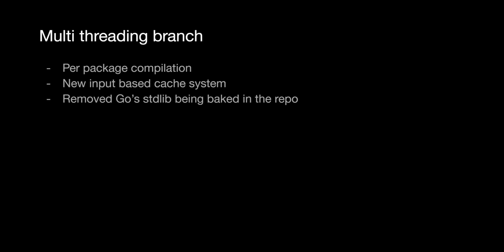First off, we have the multi-threading branch. I made this branch in order to deal with one of the really sore points of the compiler, at least to me, and that was the compiler could handle small packages just fine, but it had a really, really hard time, if not impossible time, if you were on any type of consumer computer, to deal with large standard libraries or Go code, or more precisely Go code that had a lot of dependencies.